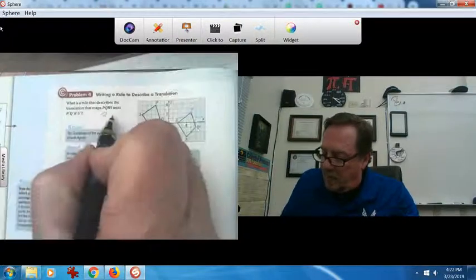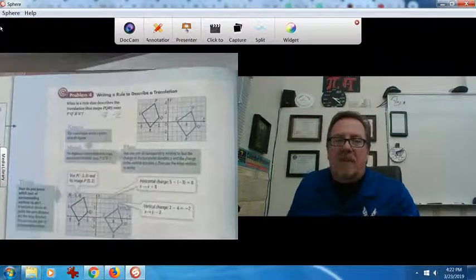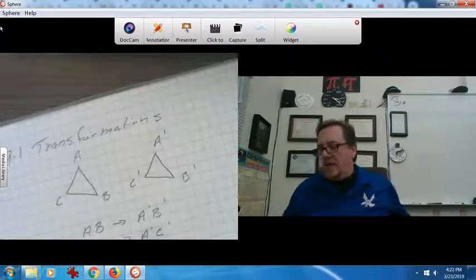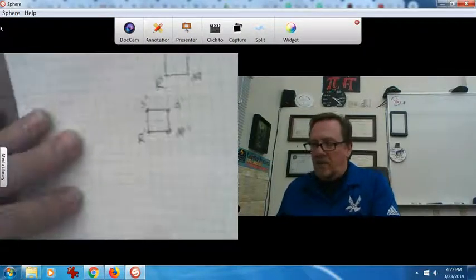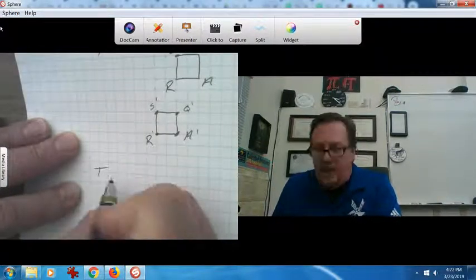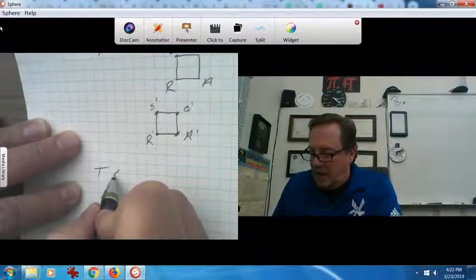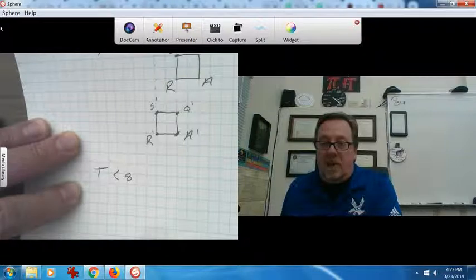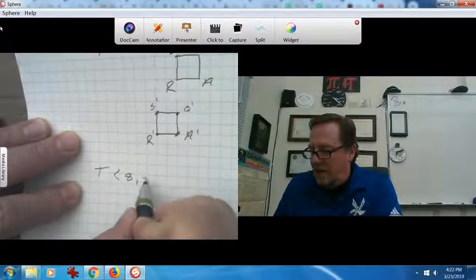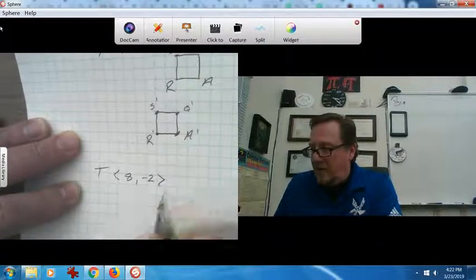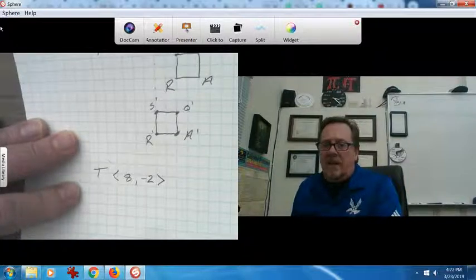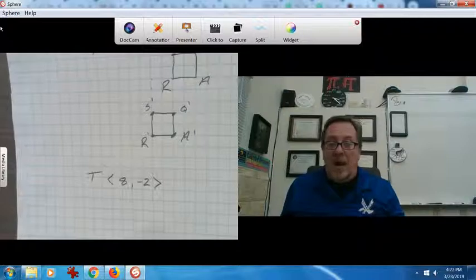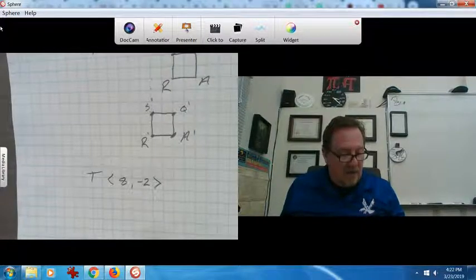I went in the negative Y direction by -2. So if I'm describing that translation, I would write it as a translation that went 8 in the X direction to the right by 8, and down, or in the negative Y direction by 2, and that translation is 8, -2. Okay?